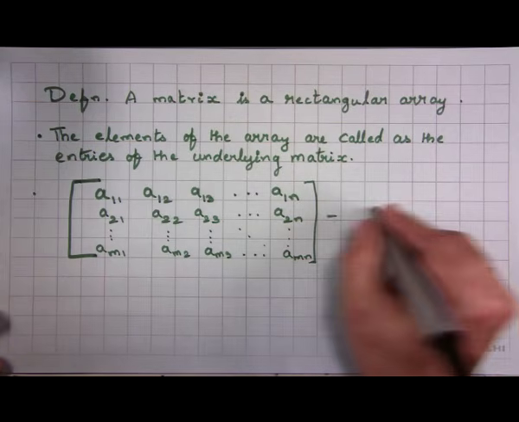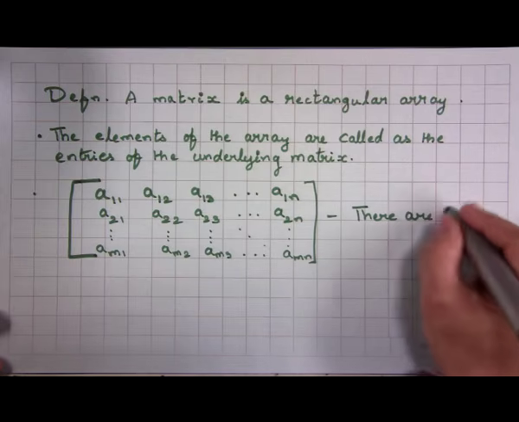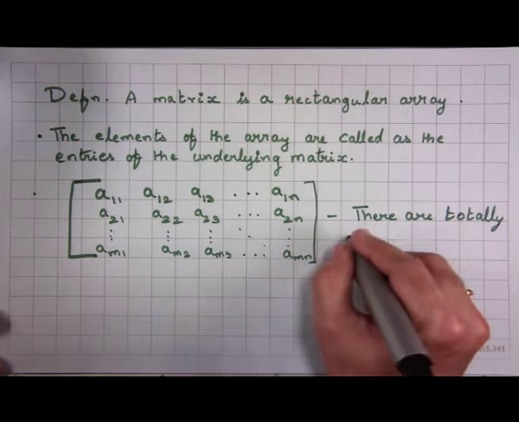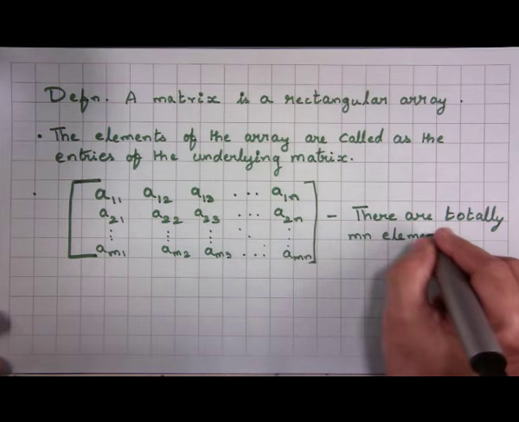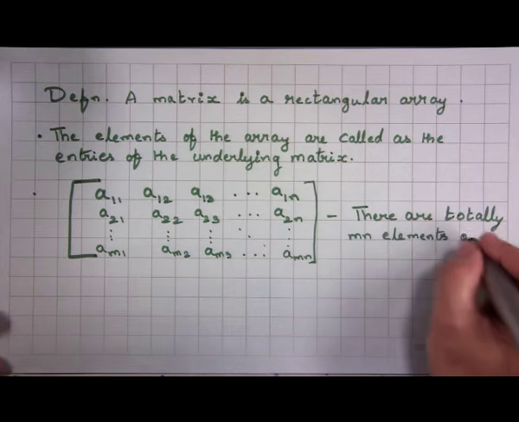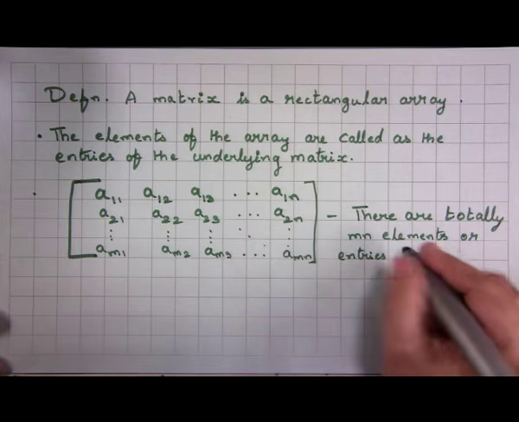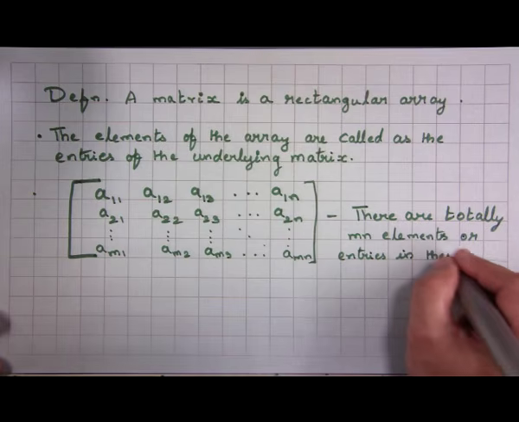So, there are totally mn elements or entries in this matrix.